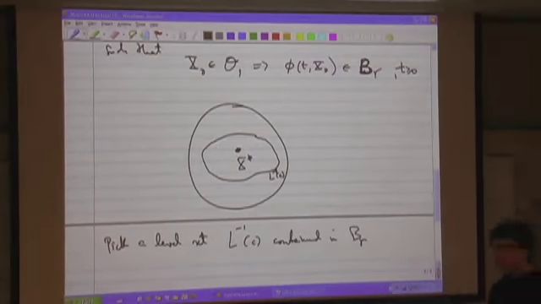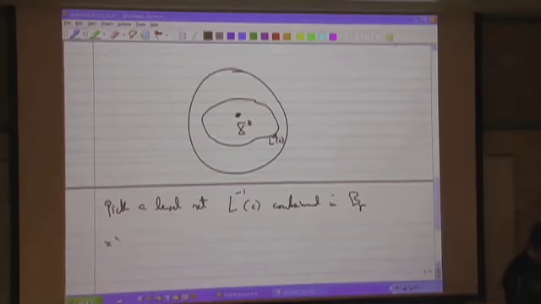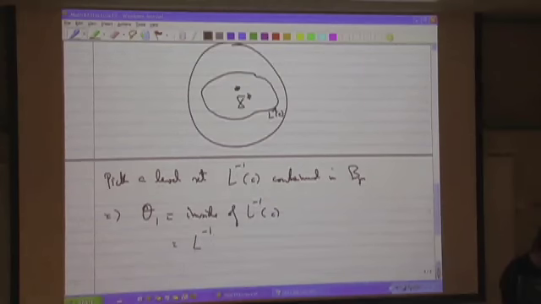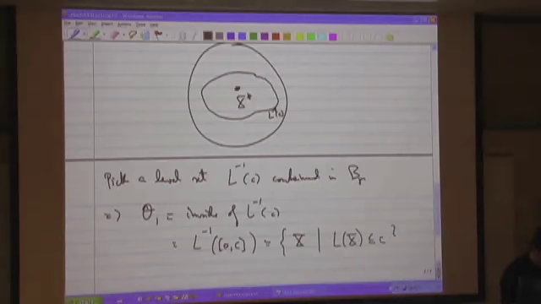And now take the neighborhood to be the inside of L inverse of C, basically the values from 0 to c. That's just a fancy way of saying this is the values of x for which L of x is less than or equal to c.